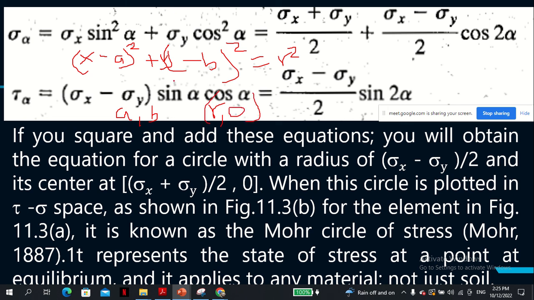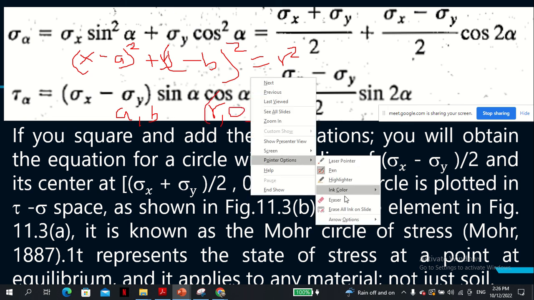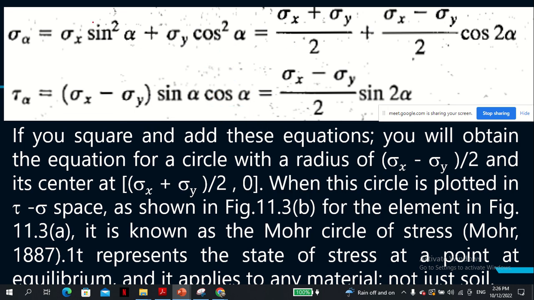That's the point. In fact, I think I'd already hinted. Interestingly, if you solve those two equations accurately, you have a circle whose center is 0 and sigma x plus sigma y over 2. I think I may have misrepresented this before. Sorry.